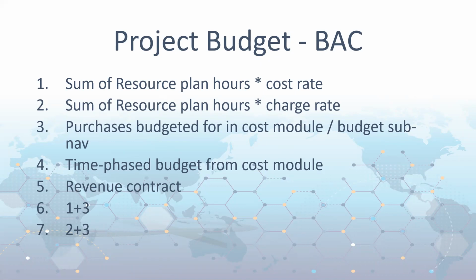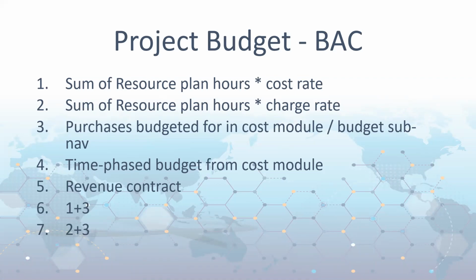So you can go into resource planning and estimate out some hours over time. Then the sum of those hours multiplied by the rates for the people that you've allocated that to determines the budget. You've also got the cost module that enables you to estimate a budget, and then you can phase that out over time. Then there's the new revenue contract.